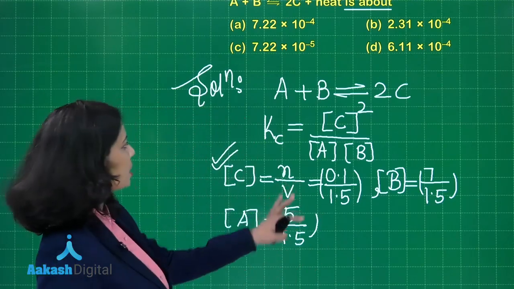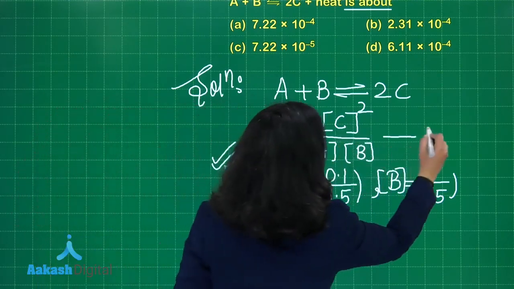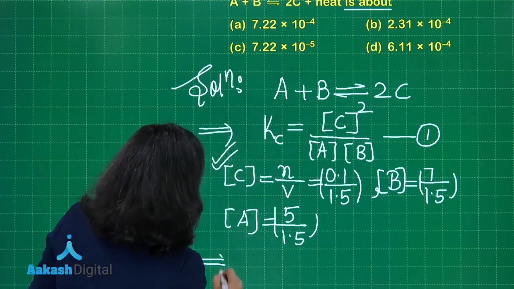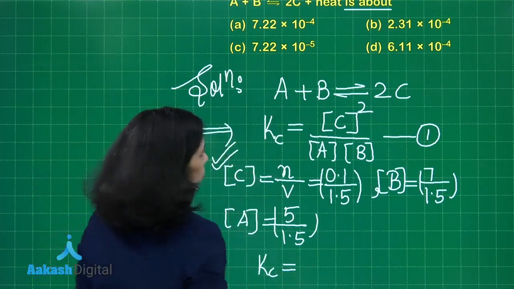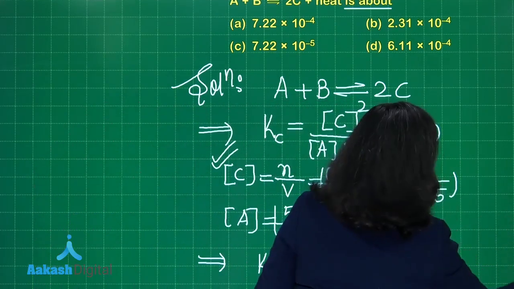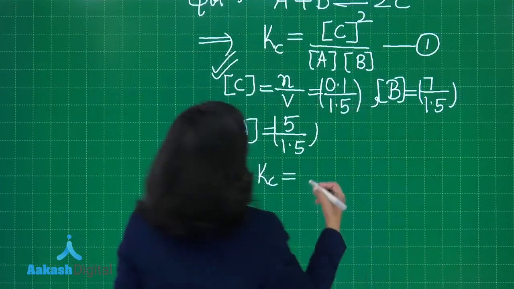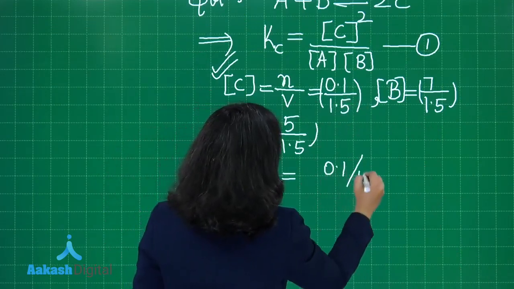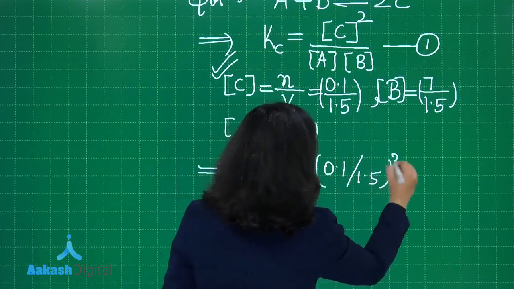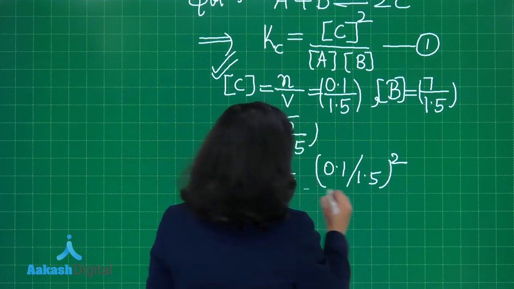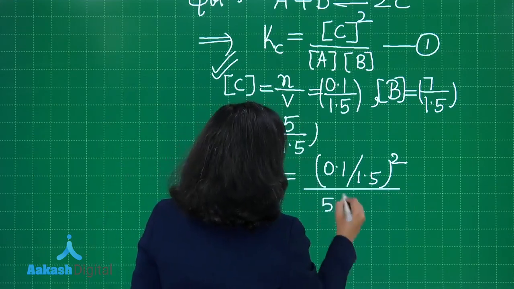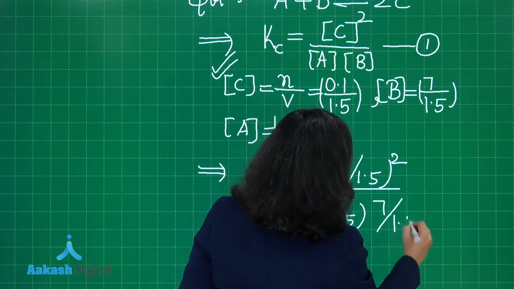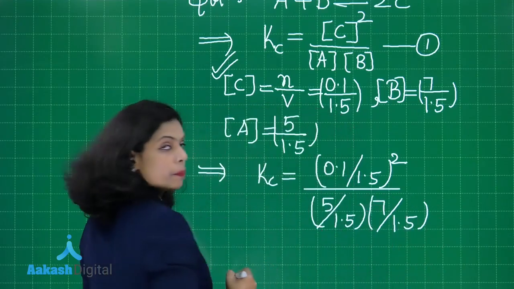Now let's place these values in this expression 1, right? So Kc we would be getting here. Kc is equal to C squared. So C value is (0.1 by 1.5) squared, and it would be divided by 5 by 1.5 and 7 by 1.5. Right?